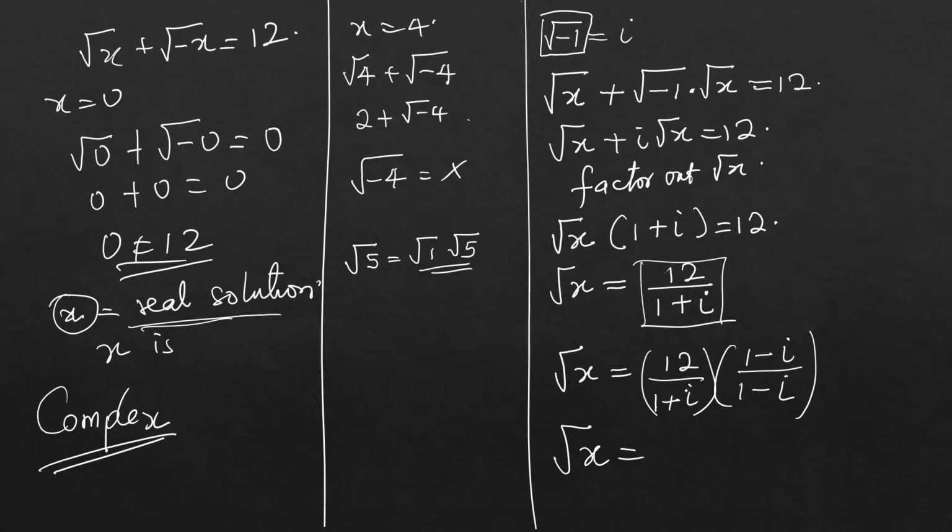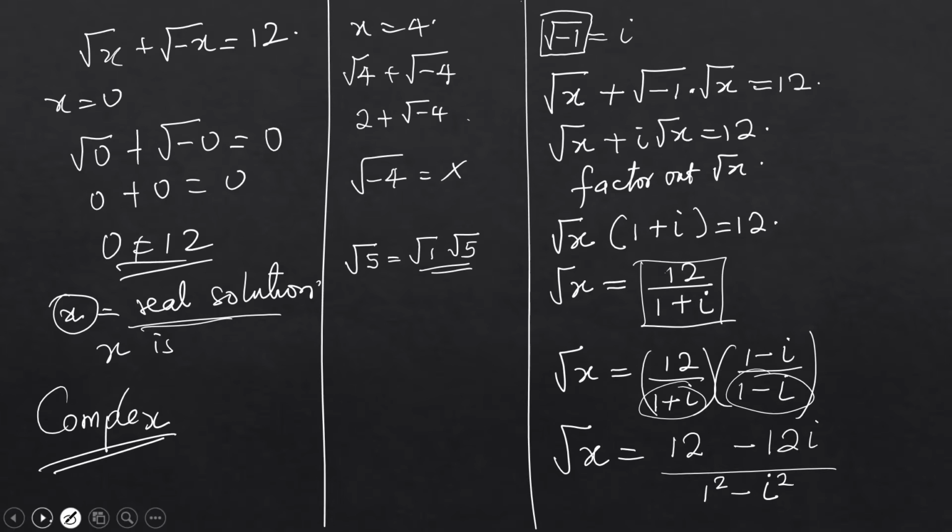I'm going to have 12 times 1, which is 12, minus 12 times i is going to be 12i, all over, when you have the same thing like this and this, you are going to have the first number squared minus the second number squared. This is i squared. All right. So at this point, I am going to have that. I'm sure you know where we are coming from. Good.